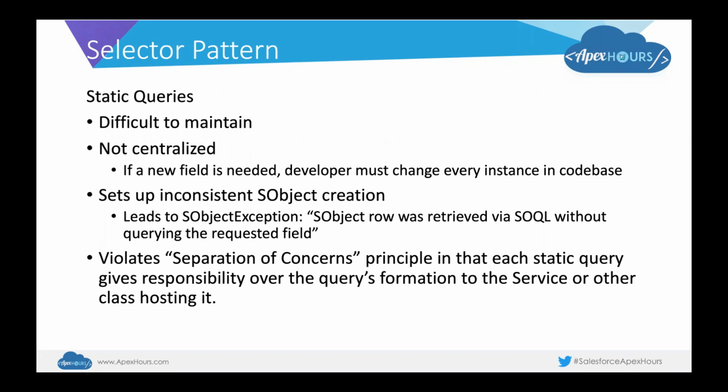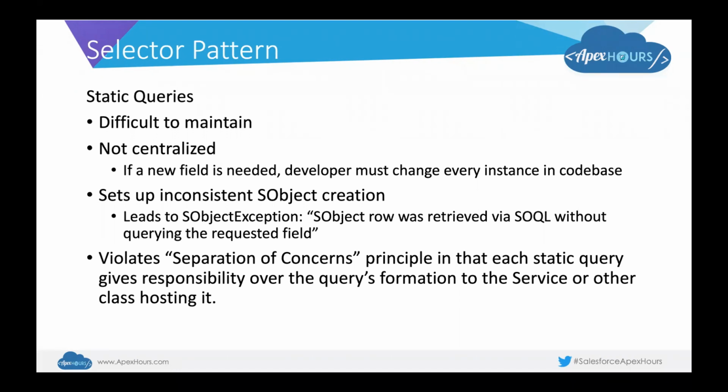Another issue with that kind of random query is what I'm calling inconsistent SObject creation. What I'm talking about is you might have an SObject that has the custom field that you're interested in, but there might be another example of that query in another class that doesn't add that extra custom field in.